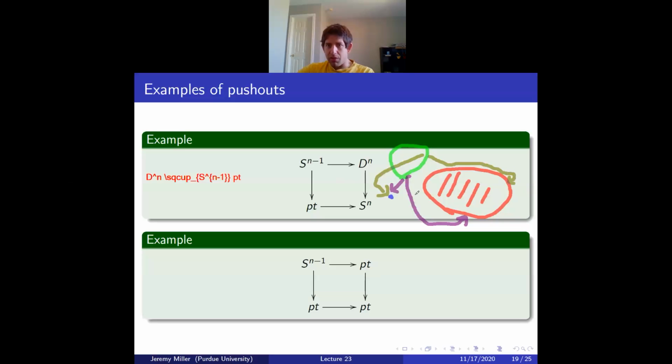So you're gluing this point to that point, and that has the effect of gluing all the boundary points together. The end result is you collapse the entire boundary of the disk to a point, and you just get an n-sphere.